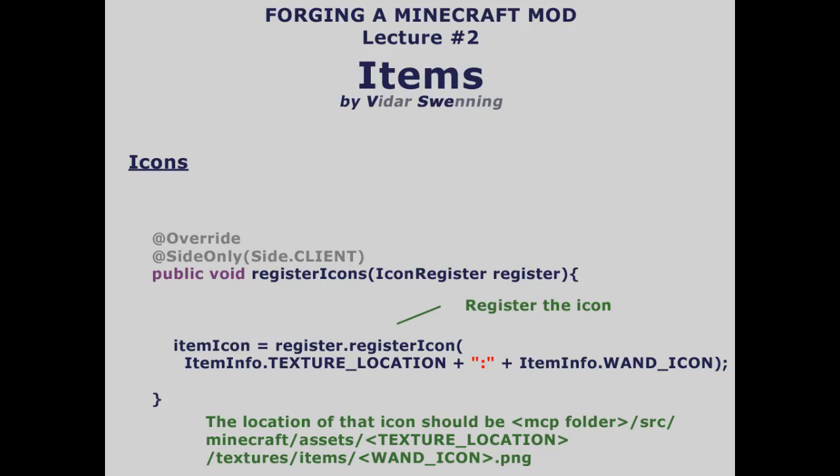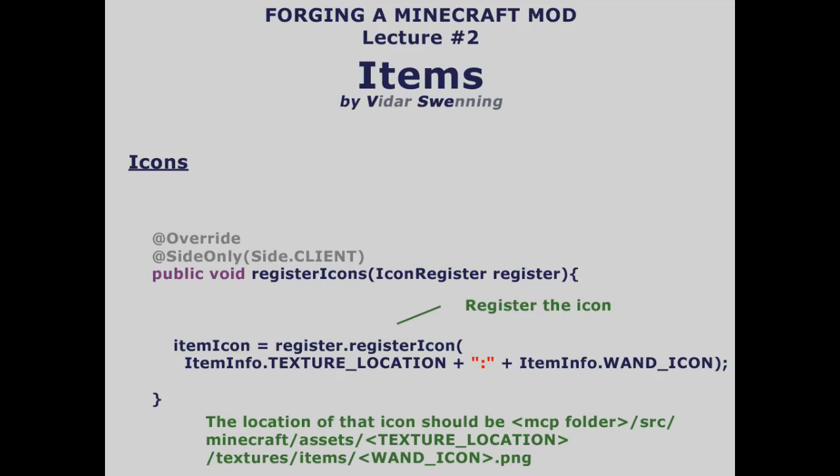Then we had icons here. To register an icon, we do that method there, public void registerIcons, and then we can register it quite easily. We just do registerIcon, and we add first the texture path, then the colon, and then the wand icon. The texture location is very simple. It's not like multiple folders, it's just like example for instance, and that would put it in the example folder.